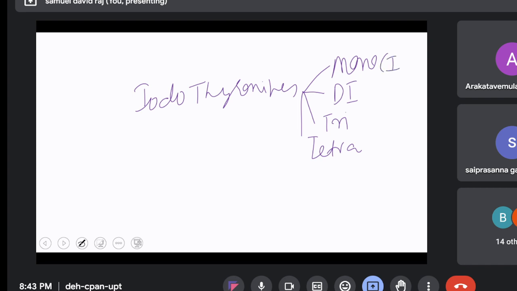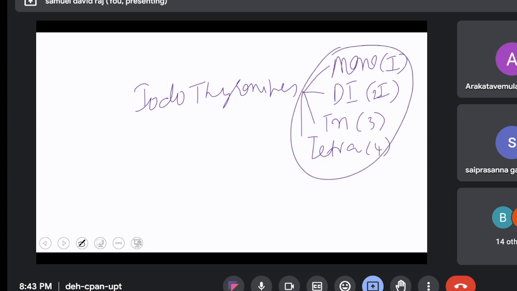Why? It has only one iodine, 2, 3, and 4. Of these 4 molecules or hormones, only triiodothyronin and tetraiodothyronins are active hormones.